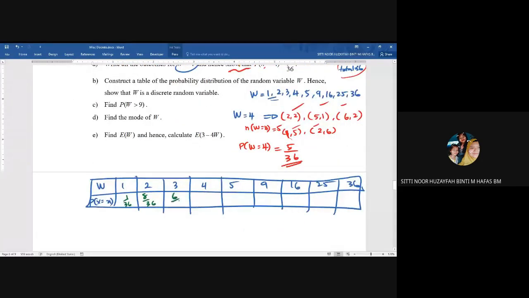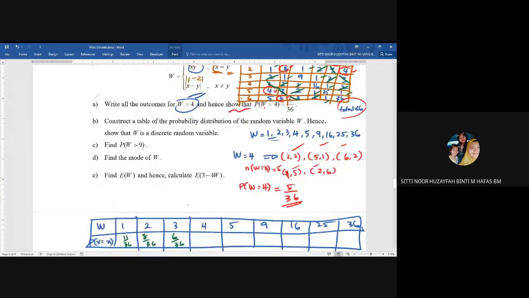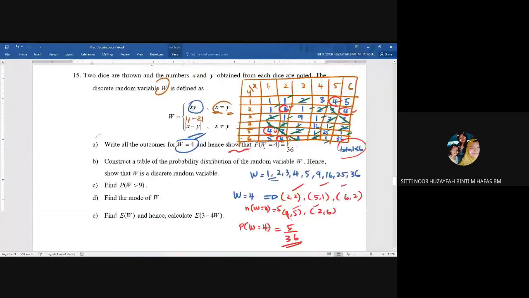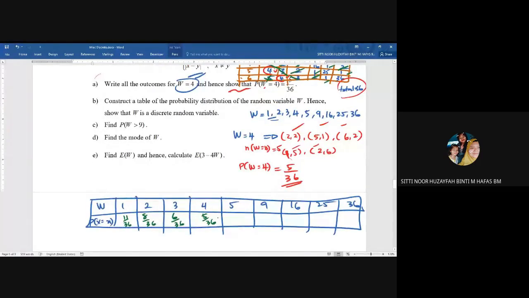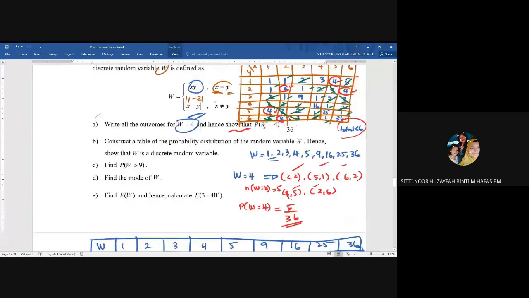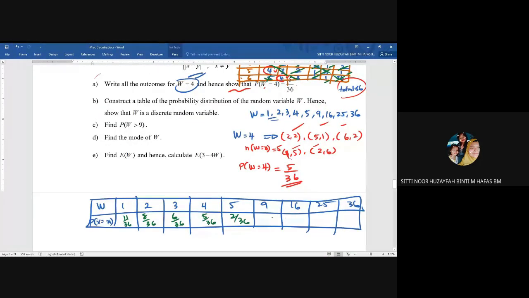So 6 out of 36. And for 4 we found already, which is 5 over 36. How about 5? We have only 2, so 2 out of 36. How about 9? 9 is only 1. 16 also 1, 25 also 1, 36 also 1. So for 9, 16, 25 and 36 it is 1 over 36 each.